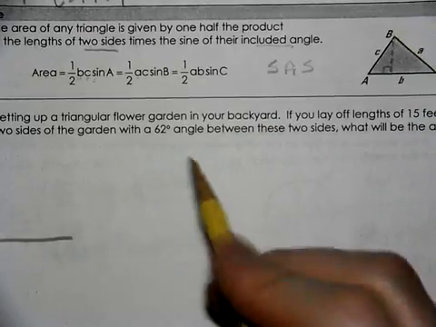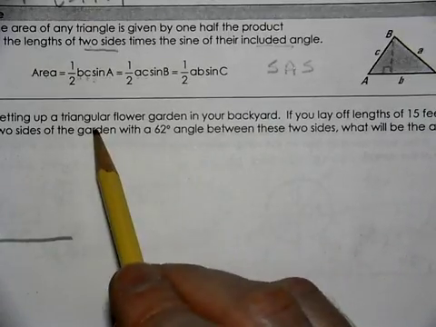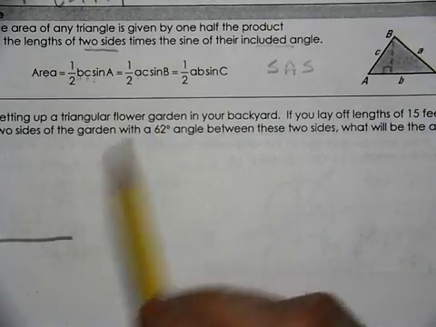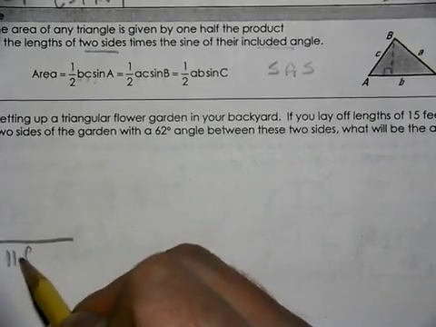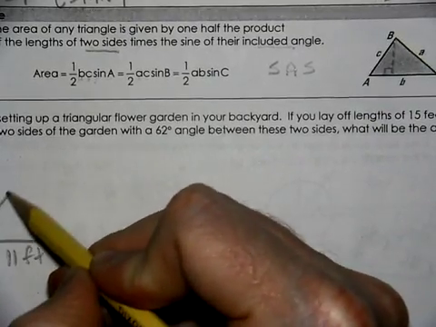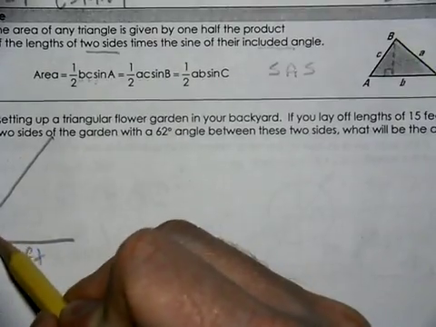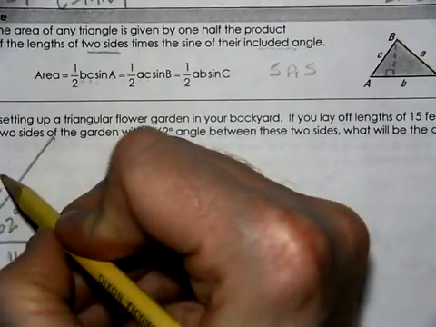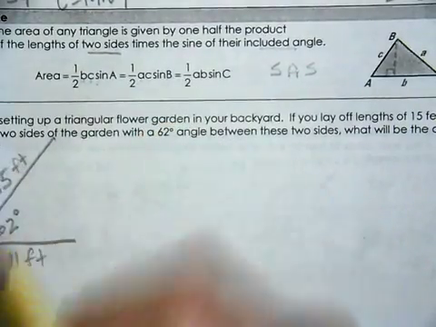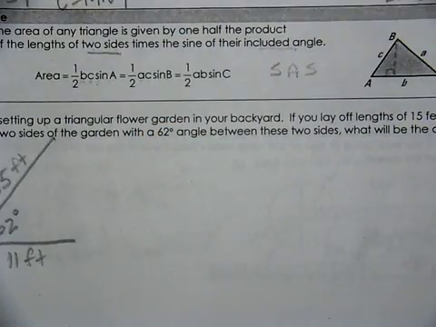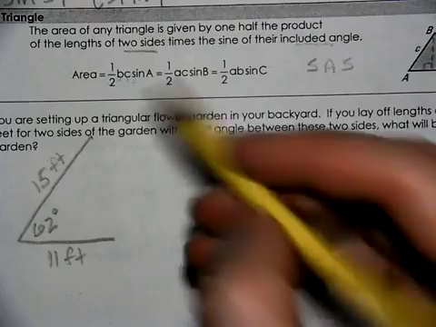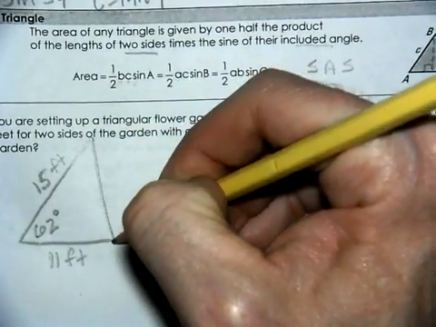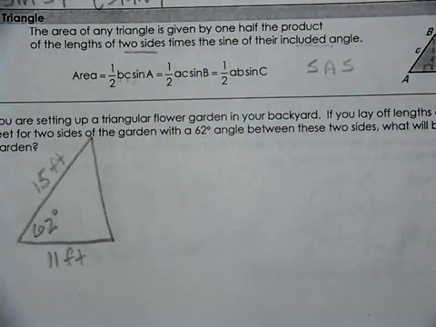We're going to have a garden, a triangular flower garden. We have 11 feet on one side, 62 degrees, and 15 feet on the other side. We'll connect those two so we can make a triangle.